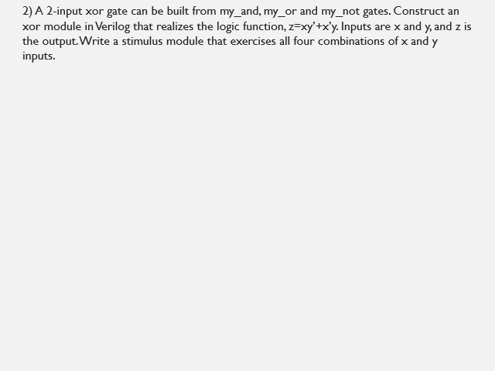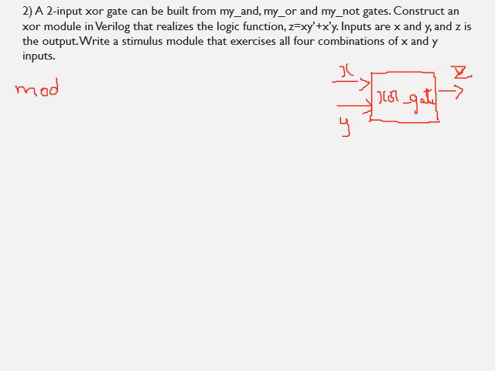Now to write the stimulus block for the same problem. So I will just redraw the block diagram. XOR underscore gate, inputs are X and Y, and output is Z. Okay. So for this we need to find the test bench.